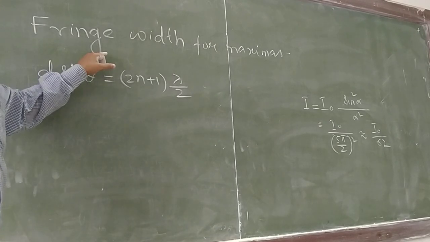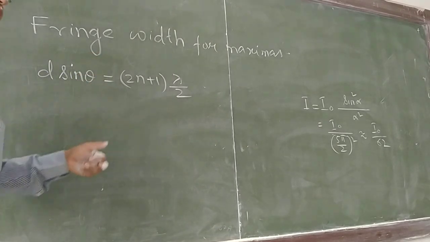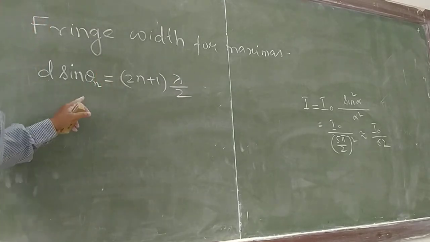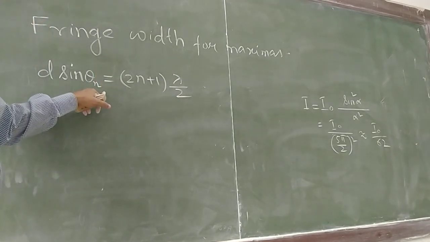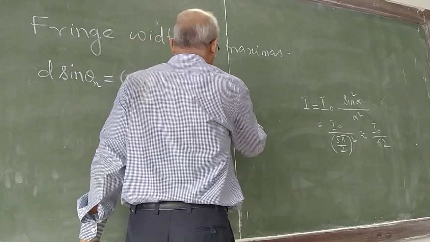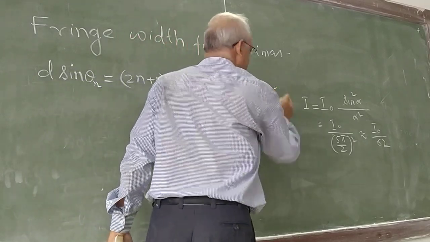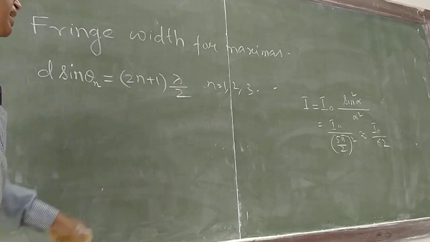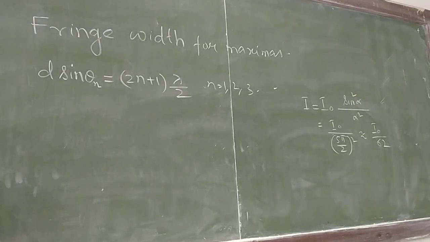Theta increases. Theta is not a constant. We can call it theta n. It depends on integer number n. Theta suffix n. N is equal to 1, 2, 3 like this.